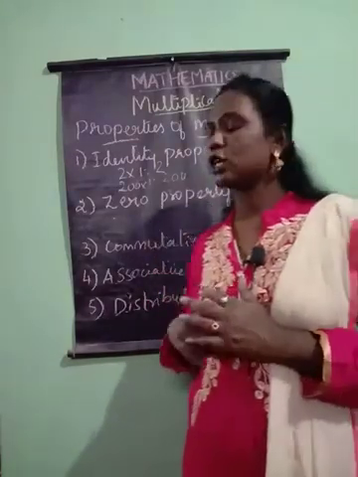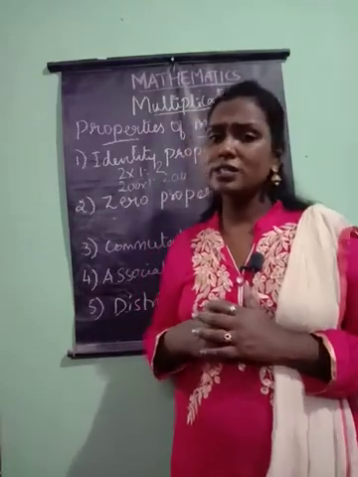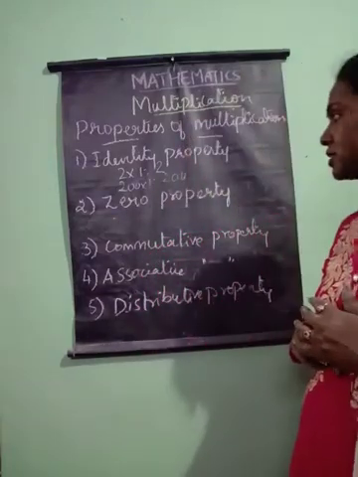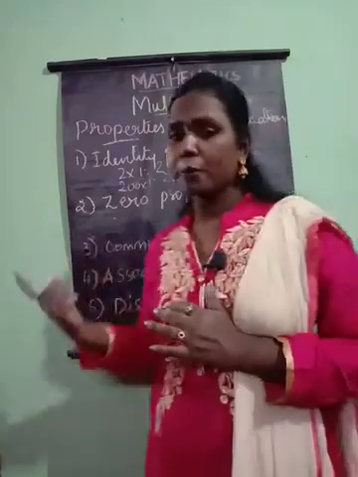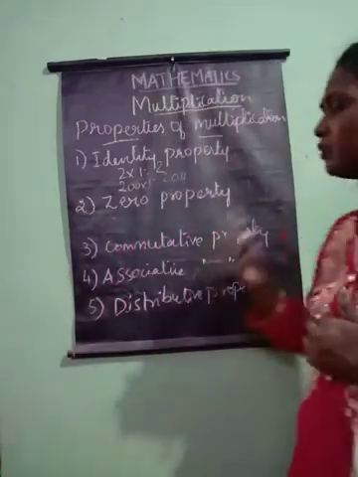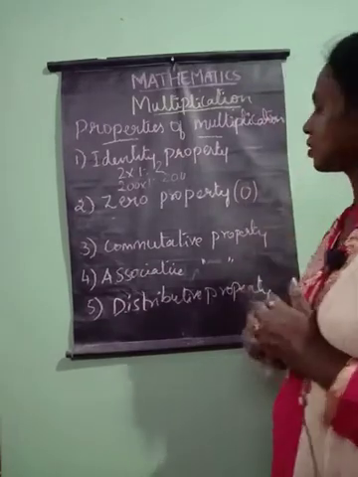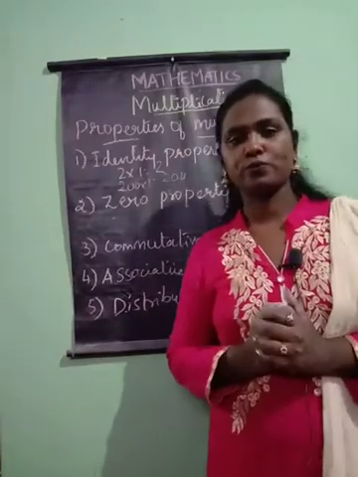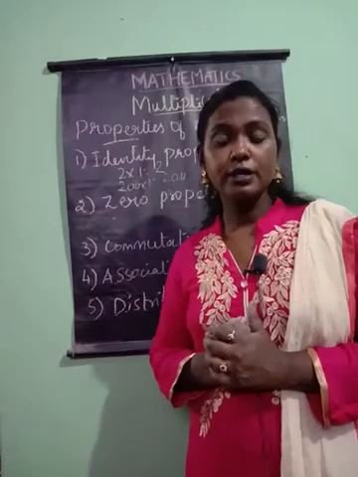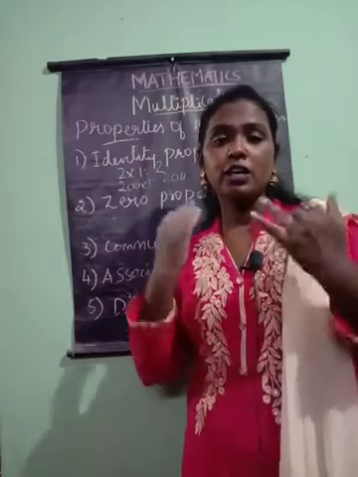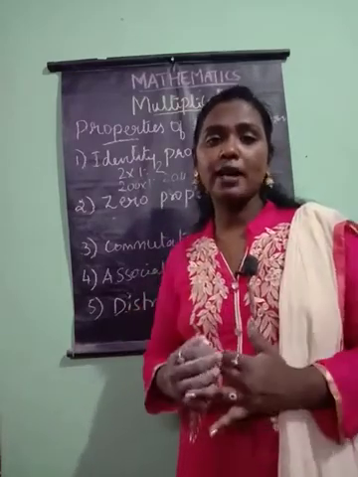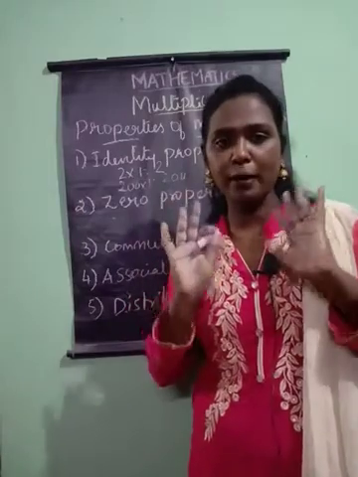So next is the zero property. What is this zero property? The zero property tells us that if you multiply any number by 0, the answer is 0. But in the case of addition and subtraction, if we add or subtract 0, we get the same number.